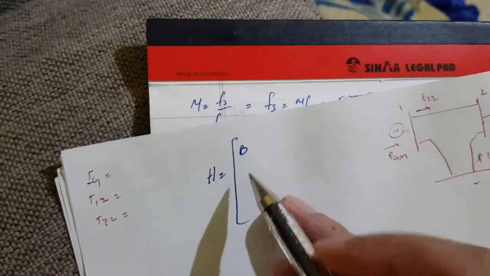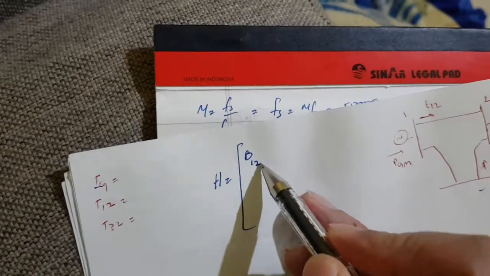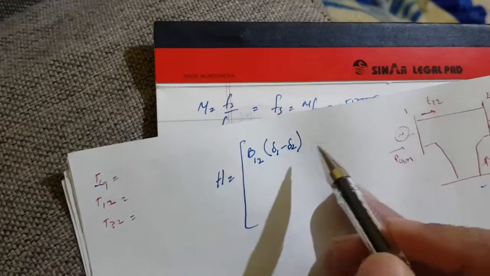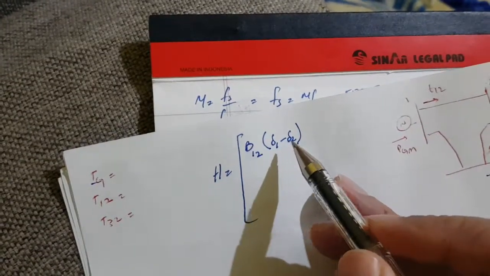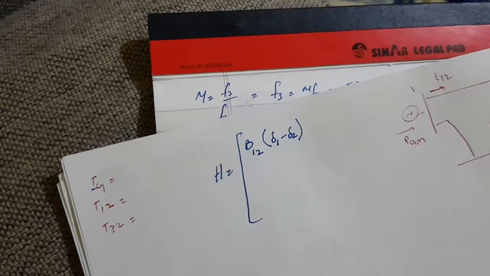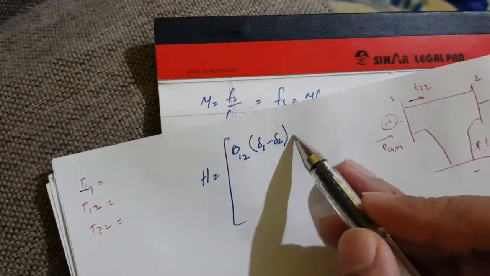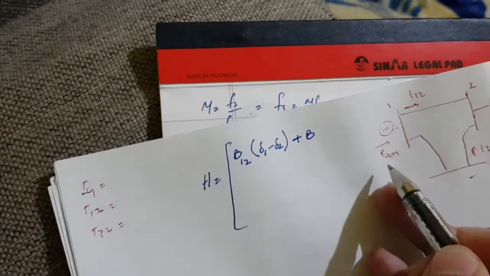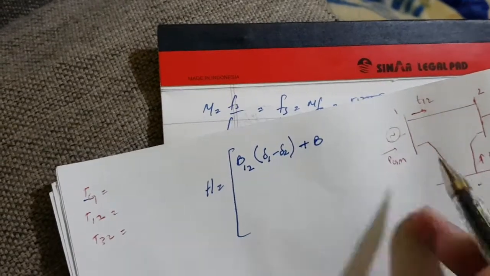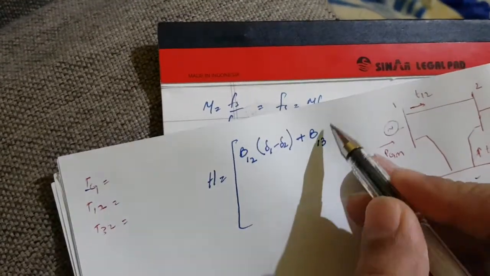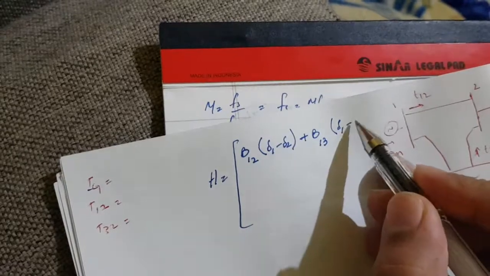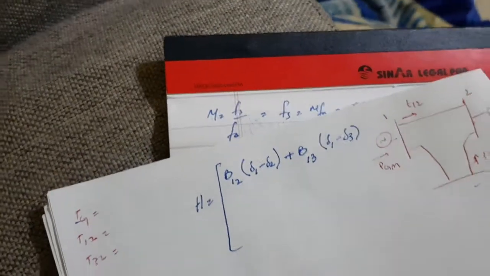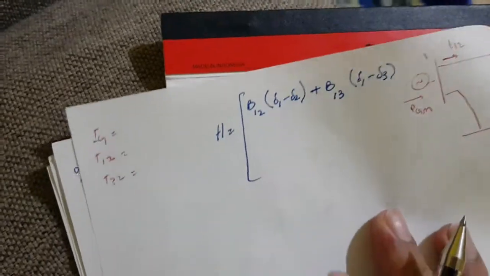Okay, so B1 to 2 times delta 1 minus delta 2. Delta 1, delta 2 are the state variables. Okay, plus B13 times delta 1 minus delta 3.